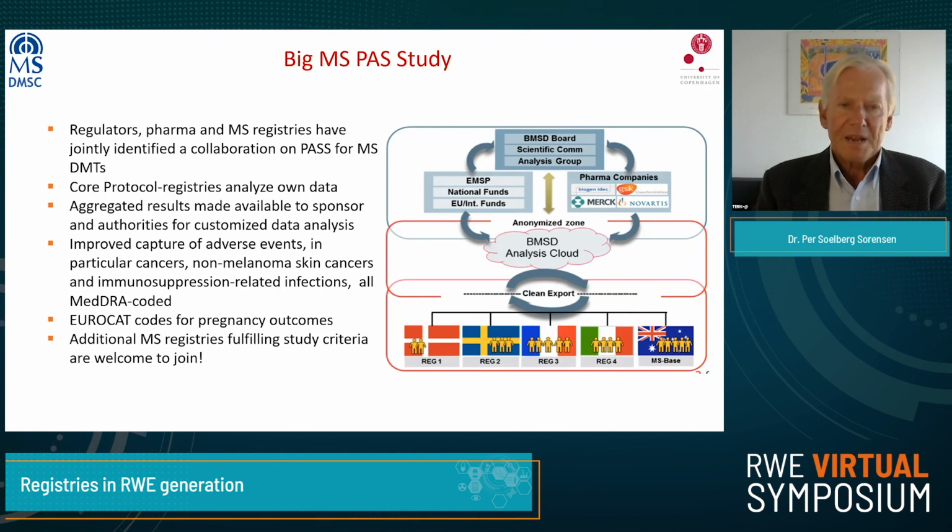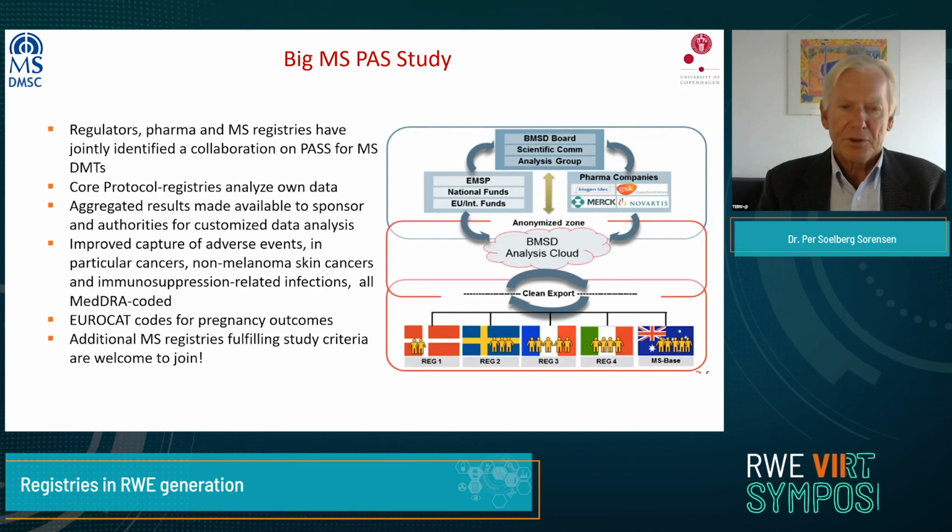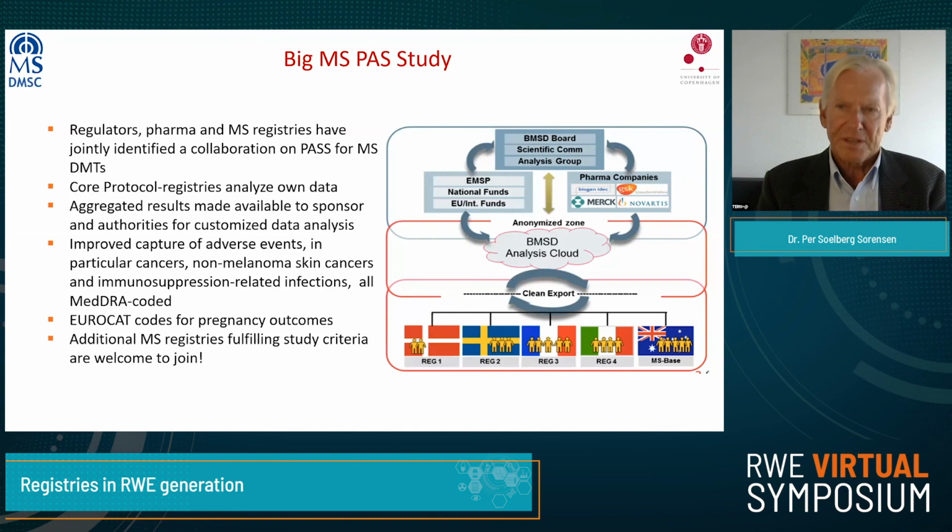So there should be an improved capture of adverse events, in particular cancers, and non-melanoma skin cancers, and immunosuppression-related infections. All are meta-coded. And we use the EuroCAD codes for pregnancy outcomes. Originally, several registers have joined this study, and additional MS registers are welcome if they fulfill the study criteria.